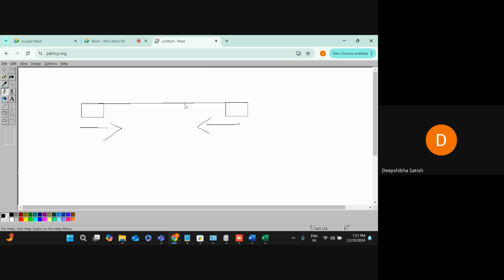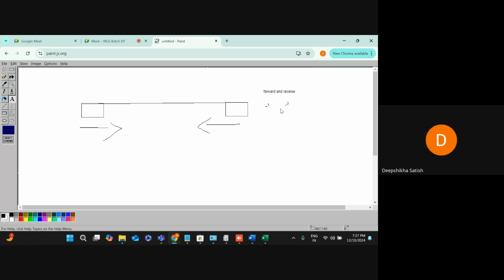In paired end, you will get two files, forward and reverse. The forward file will be indicated by _1, and the reverse file by _2. So in paired end, remember, you will get these two files.